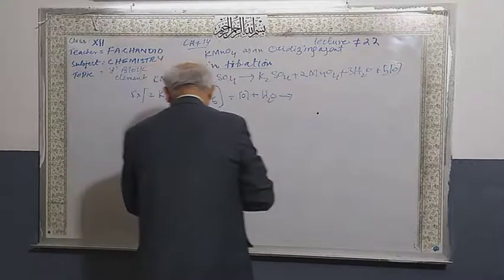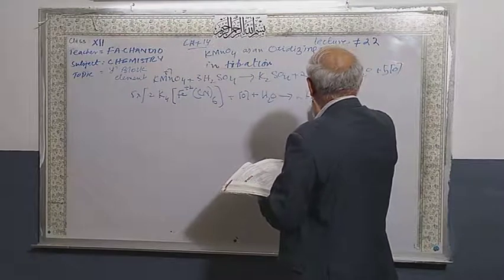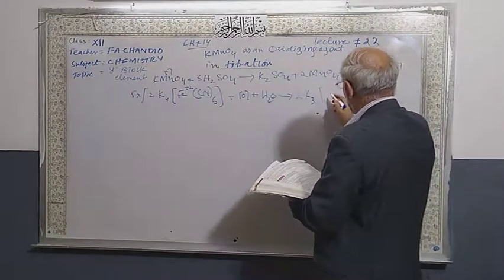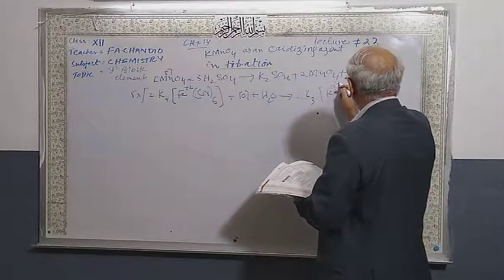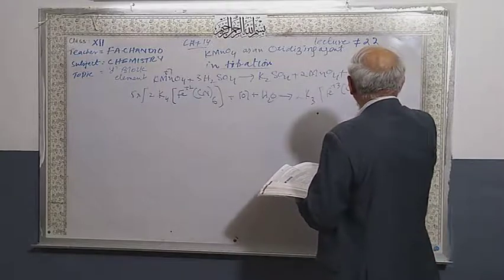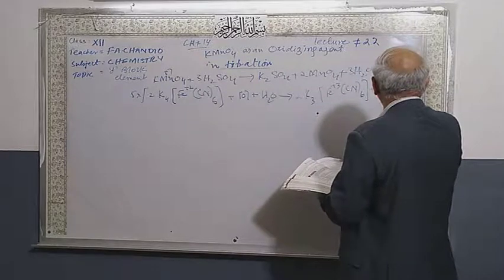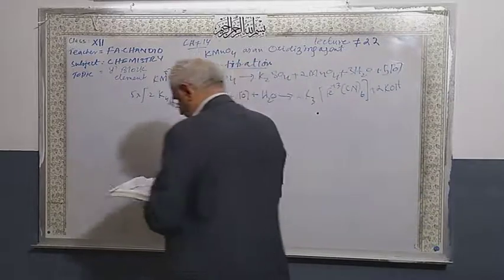You see, it changes into potassium hexacyanoferrate(III). Now the structure is correct. In the previous page, the structure was wrong. K3[Fe(CN)6] over 2 moles of potassium hydroxide.